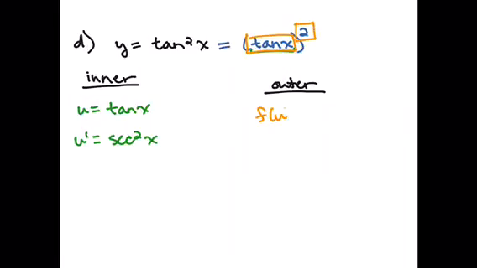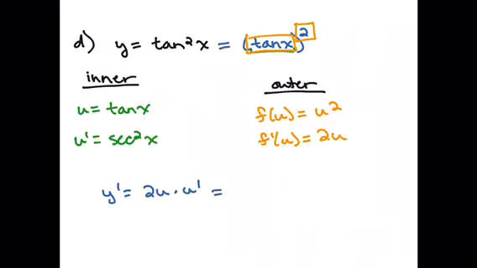So we'll write that as f of u equals u squared and f prime of u equals 2u. So my derivative is 2u times u prime, and if we substitute back in, I'll get 2 tangent x times secant squared x.